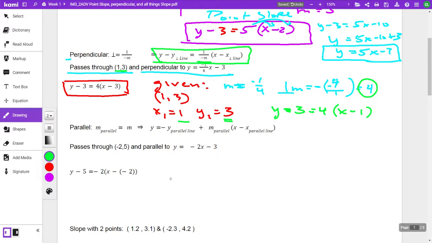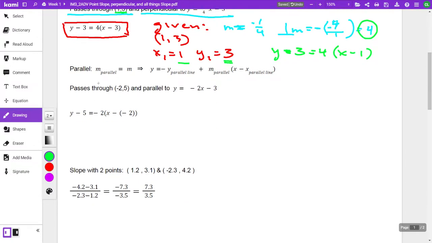Same thing happens down here, guys. Parallel means the same slope. So if I write what I'm given here, I'm given x1 is equal to negative 2, a y1 is equal to 5, and my slope for the parallel line is equal to the same slope, and the slope's always in front of x, and that's negative 2.